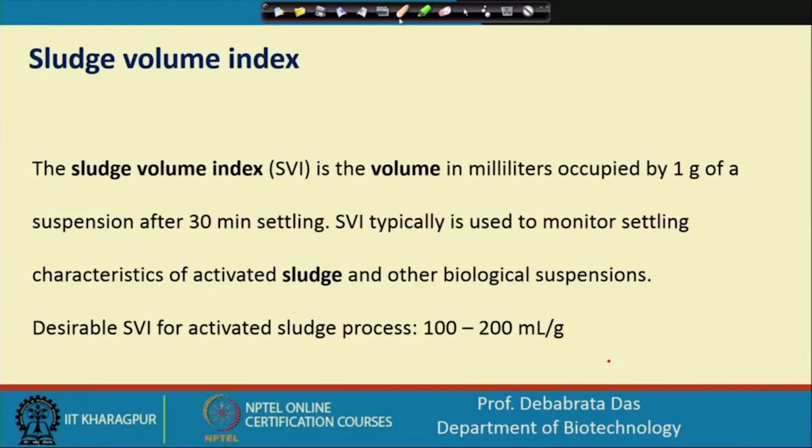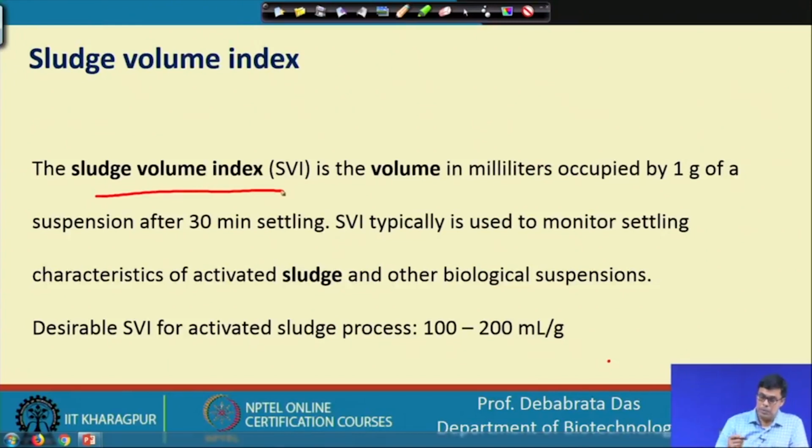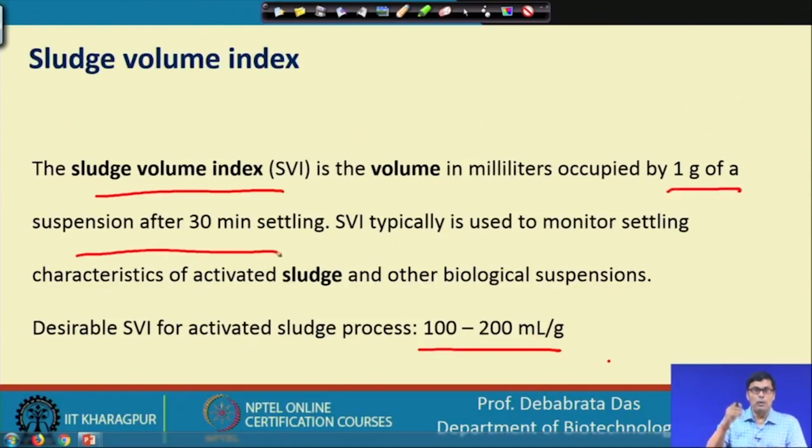Now, another very important parameter that we have is the sludge volume index, particularly in the clarification or sedimentation process. The value should usually be 100 to 200 milliliter per gram. Sludge volume index means that if 1 gram of suspended solids is kept for settling for 30 minutes in a 1 liter measuring cylinder, and it occupies a volume of 100 to 200 milliliter, then we consider it a good settling sludge.